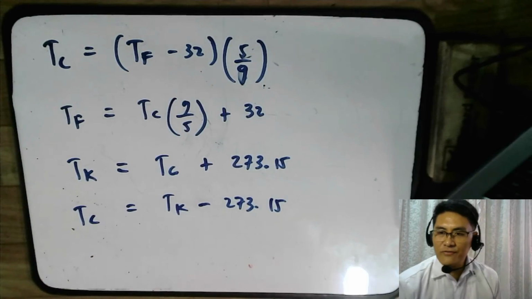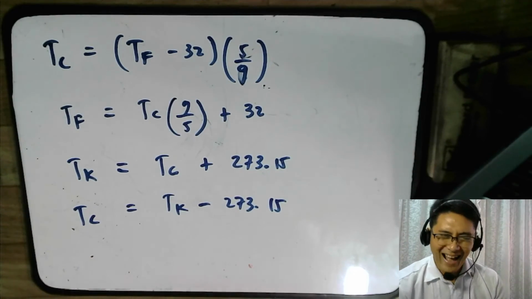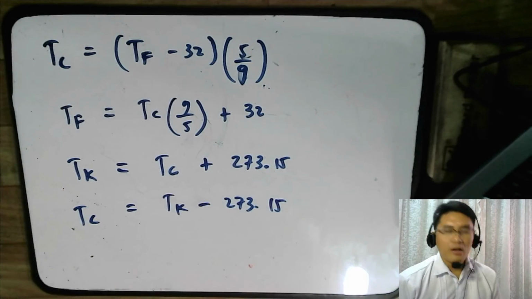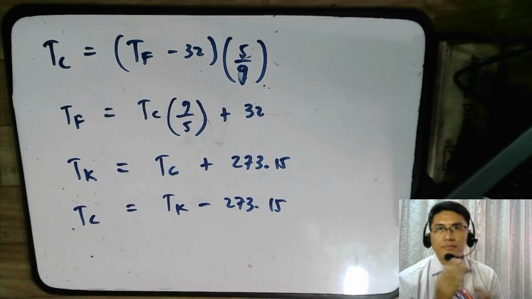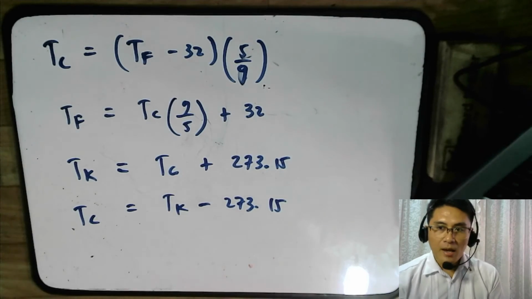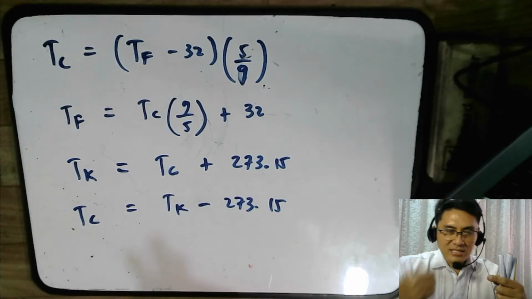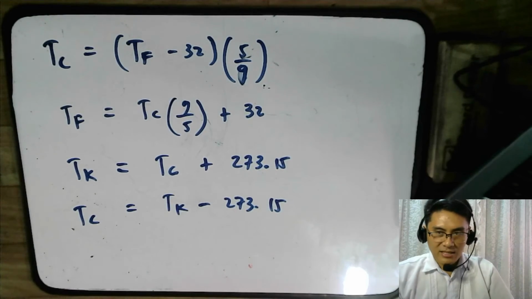This is what you usually find in books, in Wikipedia, on the internet. And again, I kind of don't like that because it takes away the sense that you are just converting. And the sense of conversion is just you're multiplying it with how many steps in this scale is how many steps in that scale.